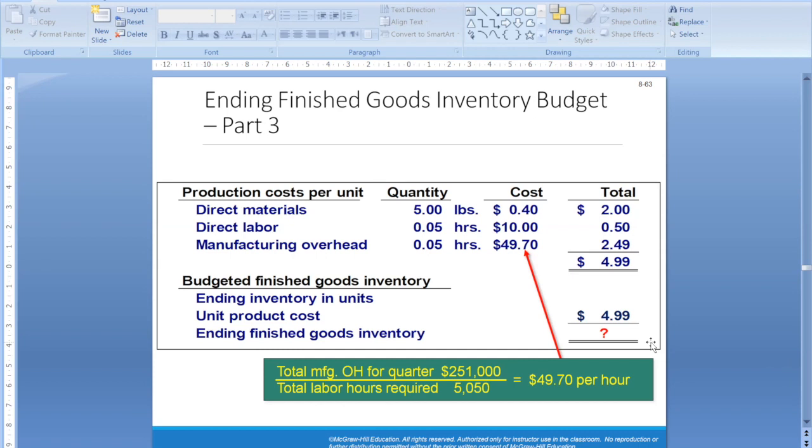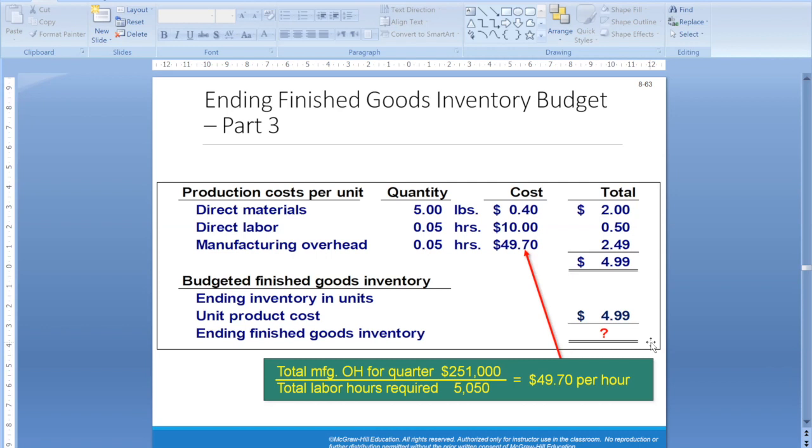Now, the finished goods inventory includes direct material, direct labor, and manufacturing overhead from chapter 1. The finished goods ending inventory is a product at the end of the day, what we called inventoriable cost or product cost. The product includes what? Direct material, direct labor, and the manufacturing overhead.